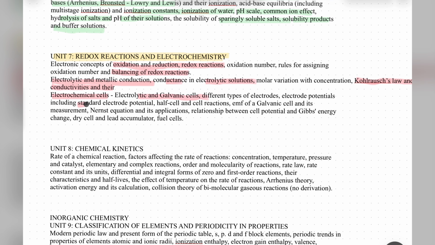Electrode potentials include SHE, standard electrode potential, cell reactions, EMF, galvanic cell, right? Measurement, Nernst equation, applications, relation between cell potential and Gibbs free energy, and cells: dry cell and lead storage cell, and last, fuel cell. Everything is given. Clear? So here we have to consider one thing. In electrochemistry we have Faraday's law.